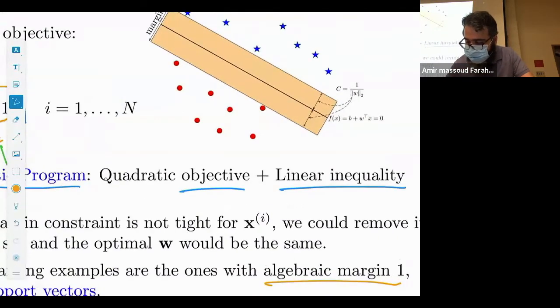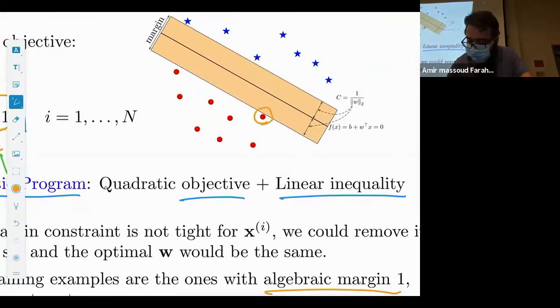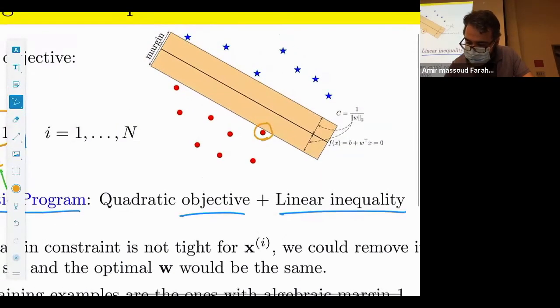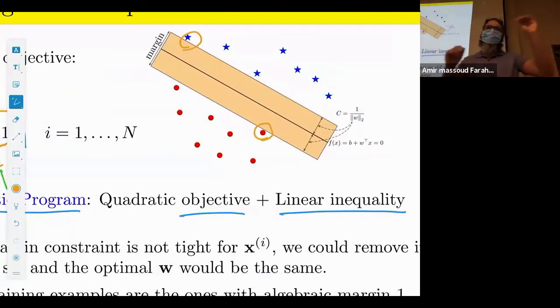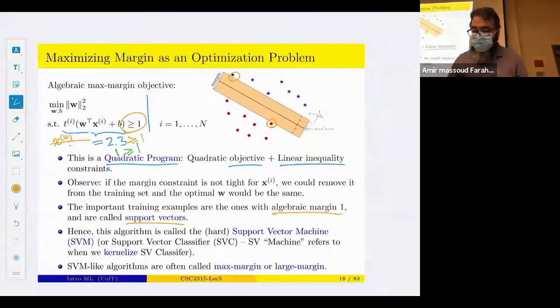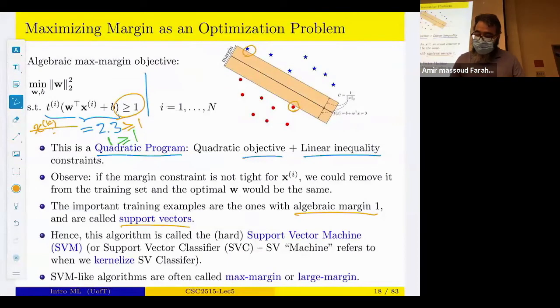For example, this would be one of them, and this would be another one, supposing that the star is actually on the margin. In the figure there is a little bit of a gap, but these two points would be the support vectors for this constrained optimization. And that's why we call this method the support vector machine.